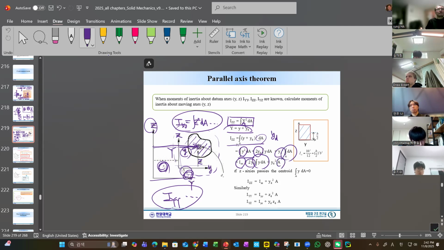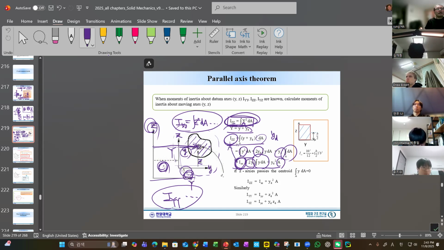This is A, the cross-sectional area. Now the point is that when we calculate this with respect to this coordinate system, this is the result, and this can be related.